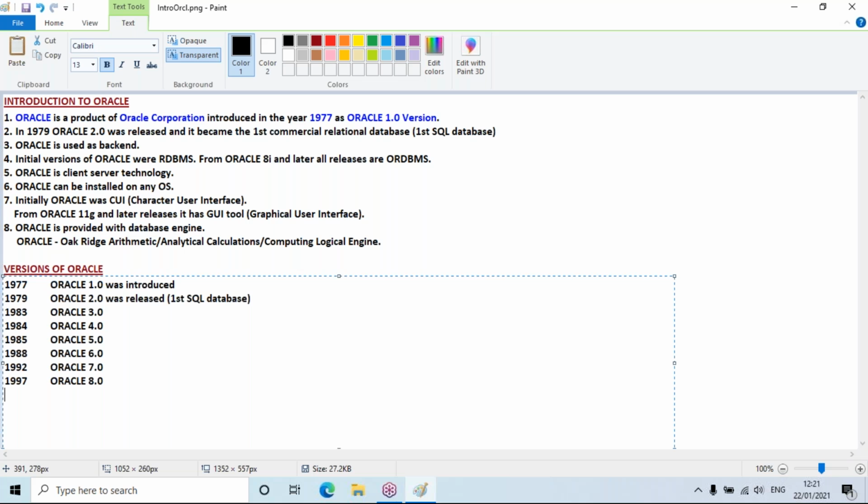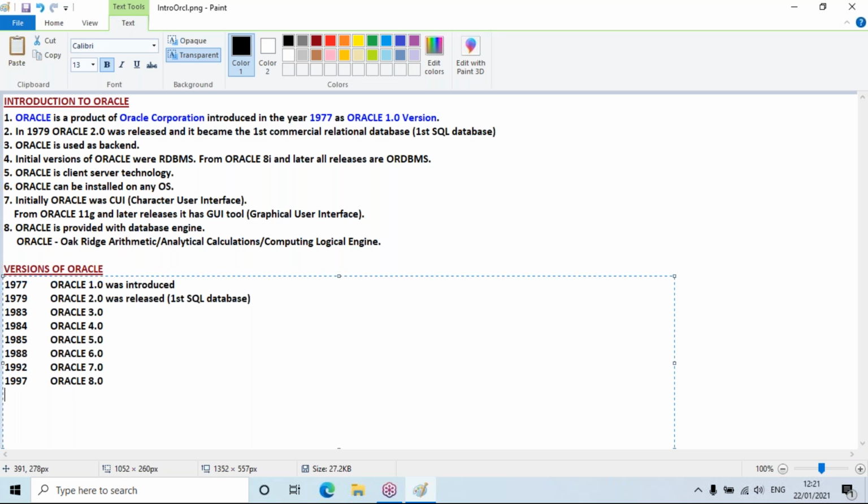Otherwise all are RDBMS. Hope you remember, the other day I said SQL Server, a product of Microsoft, MySQL, Teradata, Sybase, Oracle, they all work on SQL only. But among all these, the first database software in which the SQL language was used was Oracle.